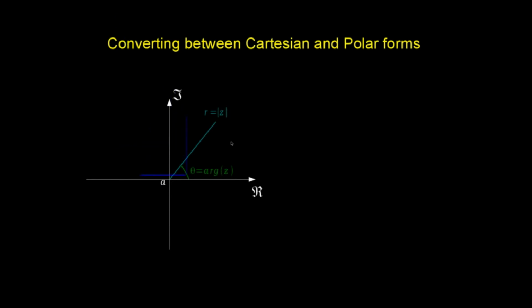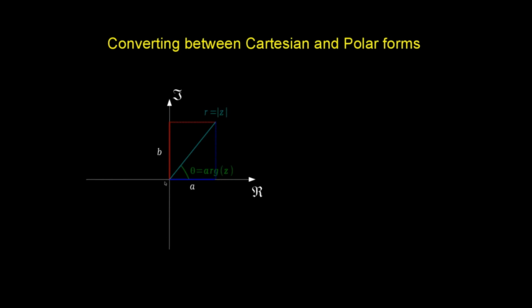So we can say that we have here a projection of our complex number on the real axis, which is a, and in the vertical axis, the imaginary axis, we will have this b here, the projection of the vector on the imaginary axis.